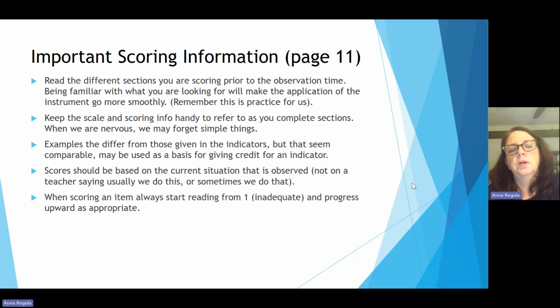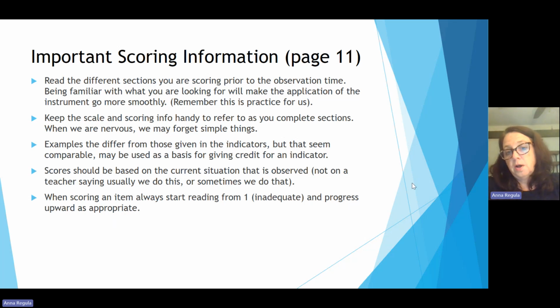And then when scoring an item, always start reading from 1 and go upward, because the way this score works, sometimes people in programs will have things in 7, but they don't have enough things in the lower areas to get a 7. And those lower areas are foundational things.